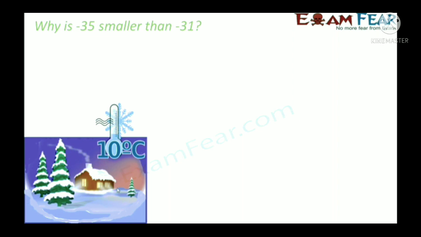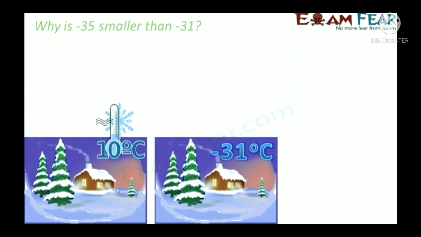It is not like snowfall everywhere, but it is kind of cold. It is not a very hot day. So the temperature is 10 degrees Celsius. Now, the same place, after a couple of days, when snowfall starts and it is covered with snow all over, the temperature falls to as small as minus 31 degrees Celsius.